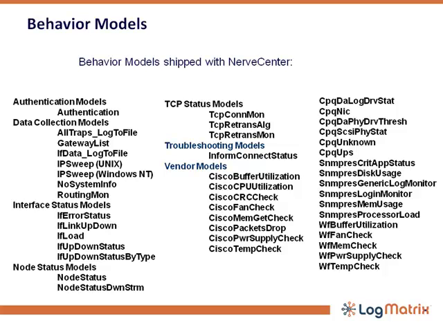And in each of those categories, there are individual alarms. For data collection, there's an all traps, there's a gateway list, there's an IP sweep, there's no sysinfo. You can load these. Are they all loaded at the moment you start NerveCenter? No. A select few of them are when you do a default installation, sure.